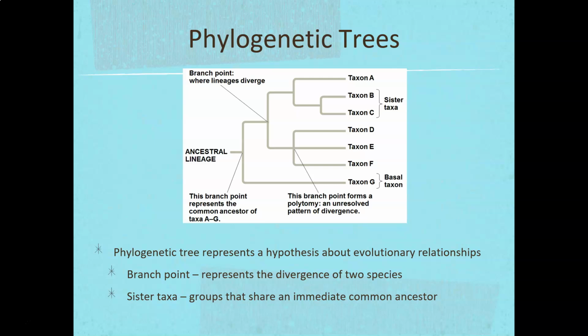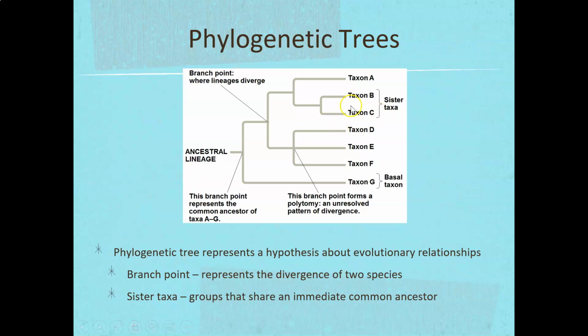Every time that you see a branch point, that represents the divergence of the common ancestor into two or more distinct groups. All right. And then within those sets of groups where that branching point occurs, we can talk about these things called sister taxa. So they're groups that share an immediate common ancestor.